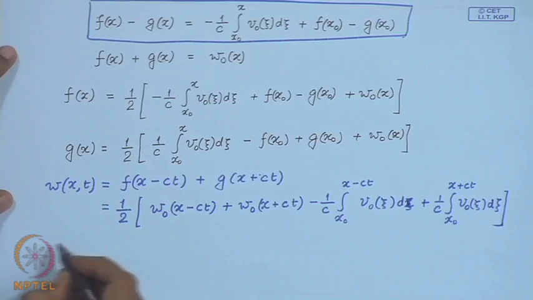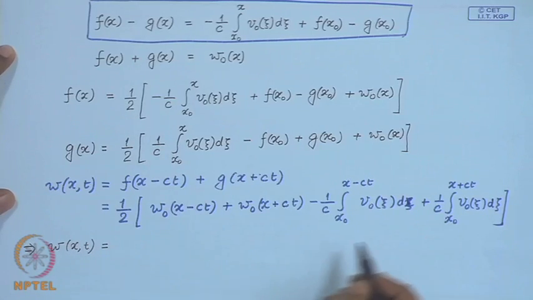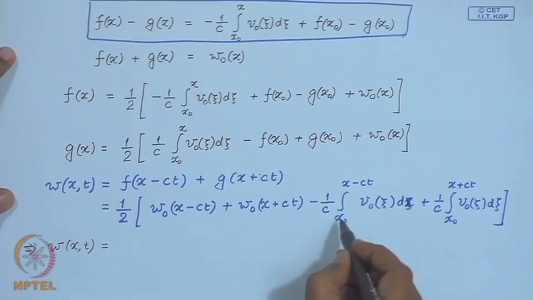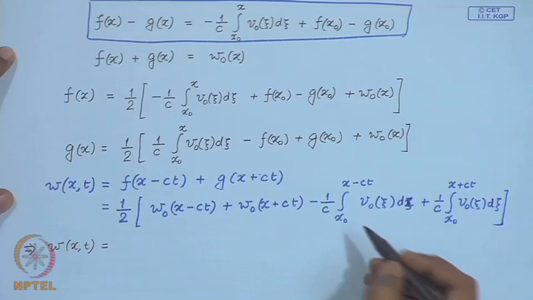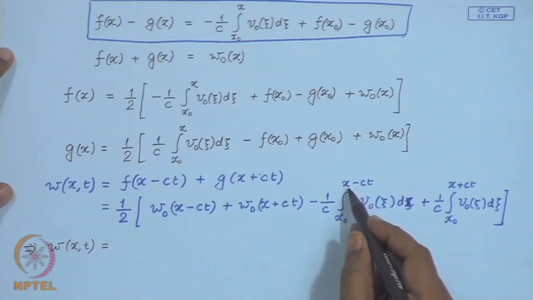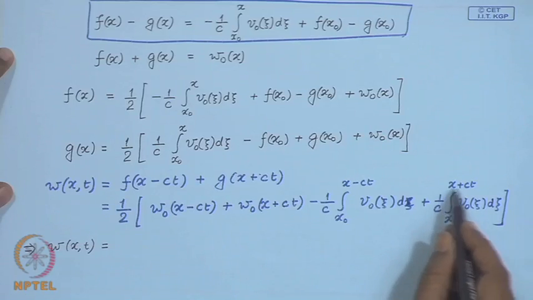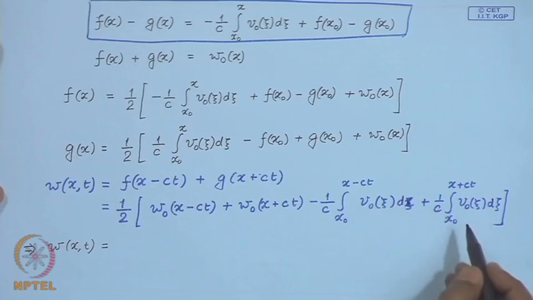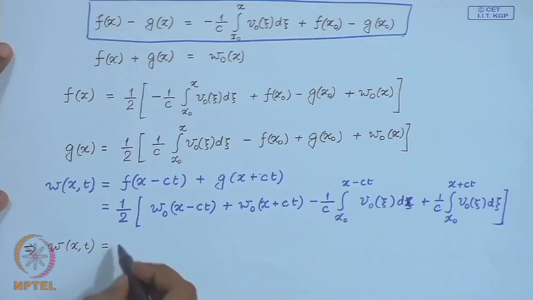Now, if you look at these two integrals, the limits are from x 0 to x minus c t with a negative sign, and from x 0 to x plus c t with a positive sign, and the integrands are the same. So, I can combine these two integrals.